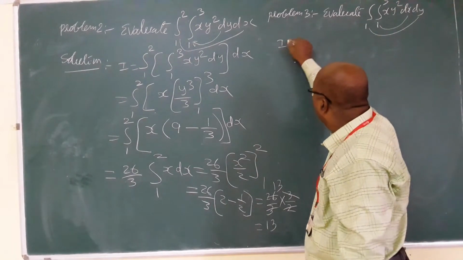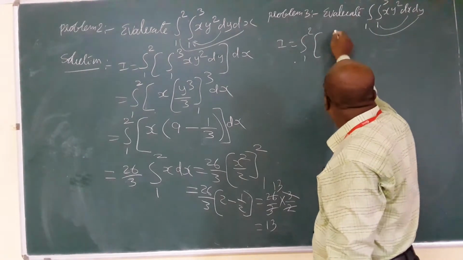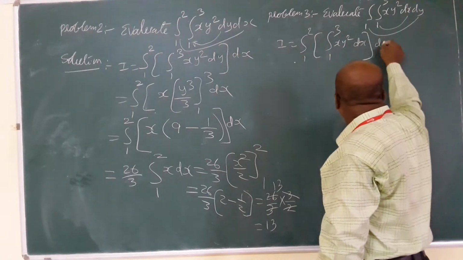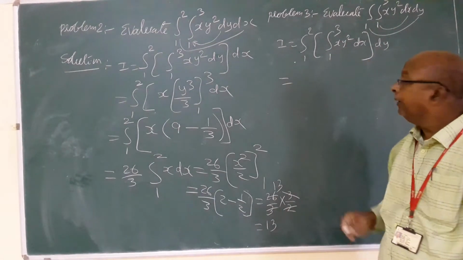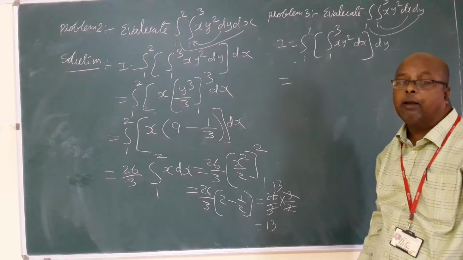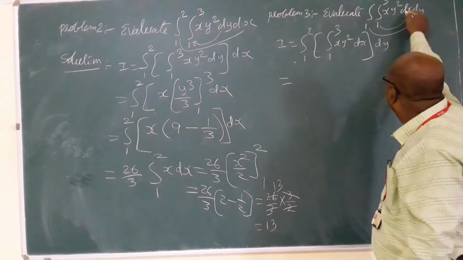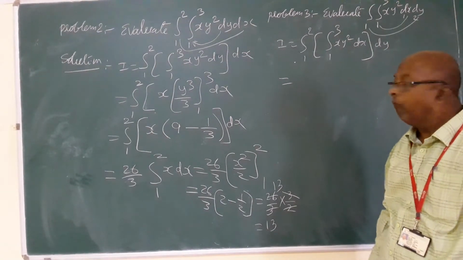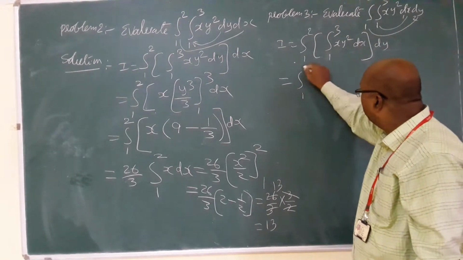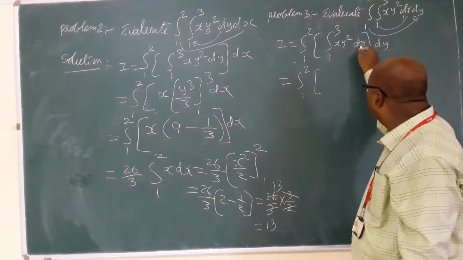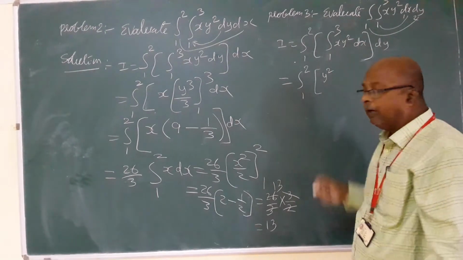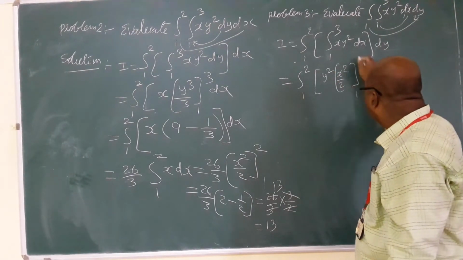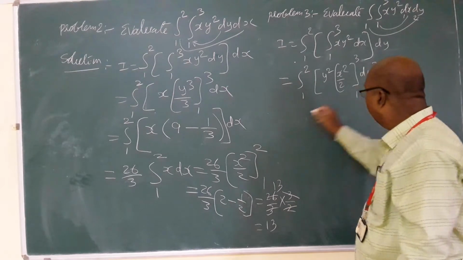I is equal to integral 1 to 2, integral 1 to 3, x y square, first with respect to x, next with respect to y. All are constant limits, so according to the order, first we have to integrate with respect to x, next with respect to y. Integral 1 to 2, with respect to x, y square is constant, integration of x is x square by 2, from 1 to 3, dy.